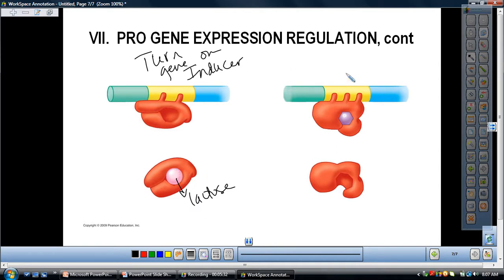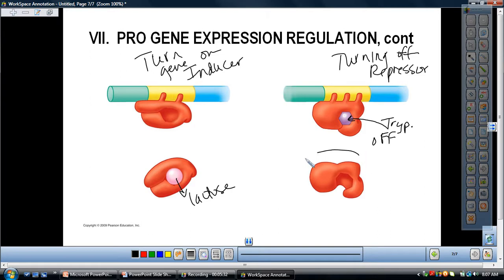Okay, this one would be turning off the repressor. So tryptophan turns gene off.